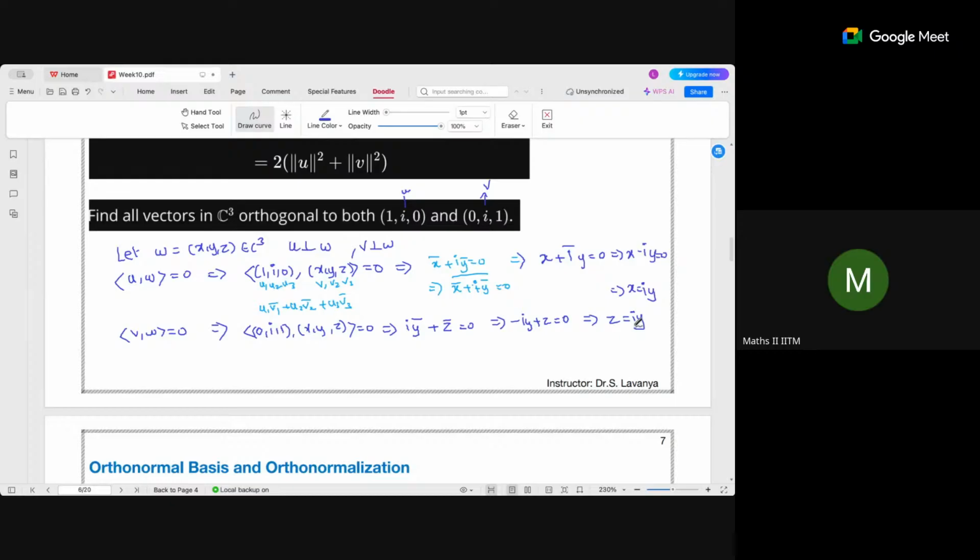Okay. So now what is the set of all vectors orthogonal to both u and v? It is given by x comma y comma z. Now I can replace y with alpha, and then I will get i alpha, alpha, i alpha.